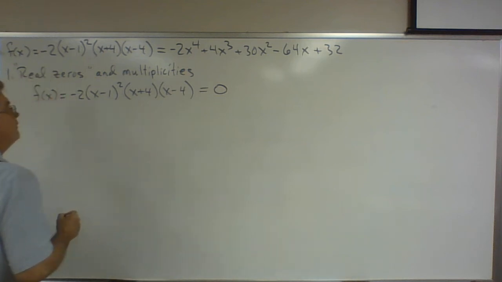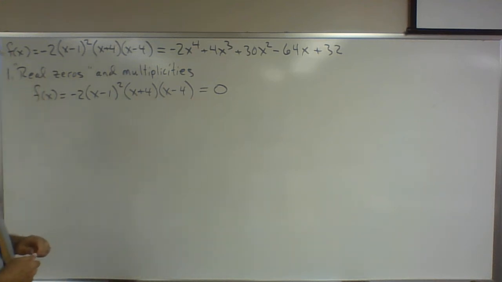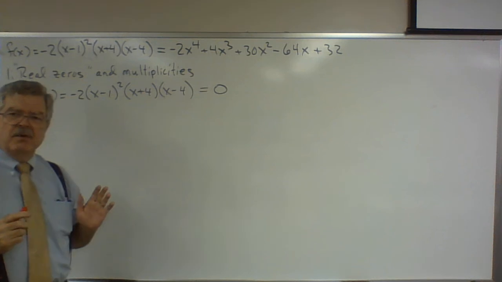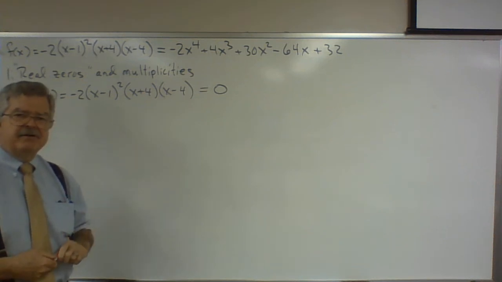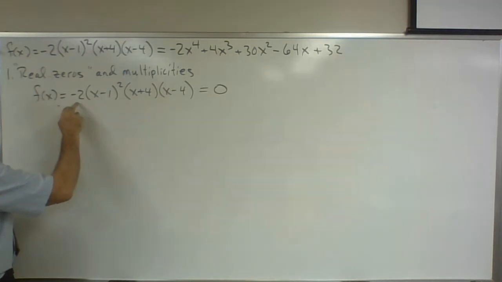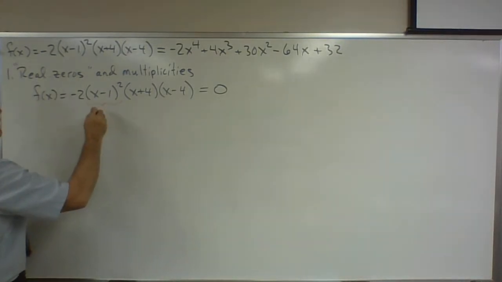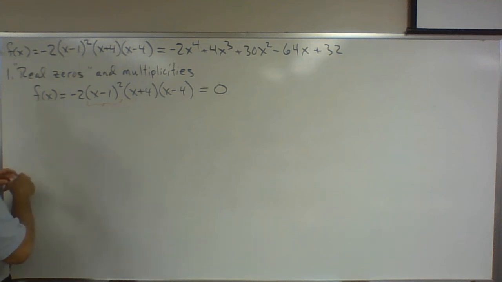We set f of x to 0. And we realize that we have a product that's equal to 0. That can only happen if one of the factors is 0. And it ain't going to be this one. Negative 2 can't be 0. But x minus 1 can be 0.